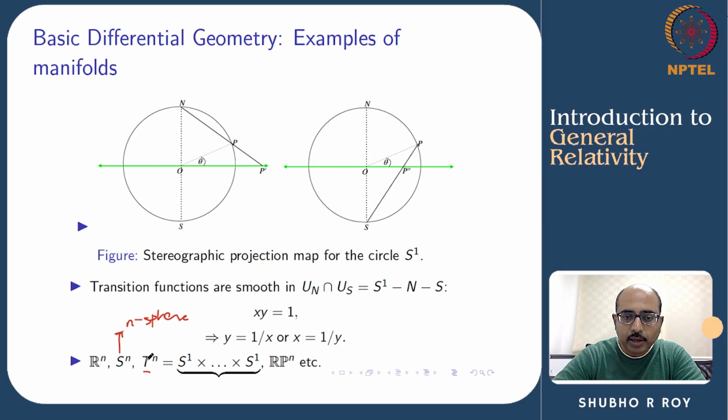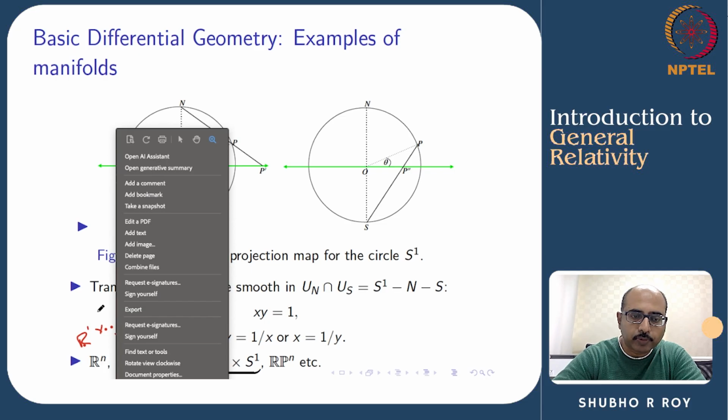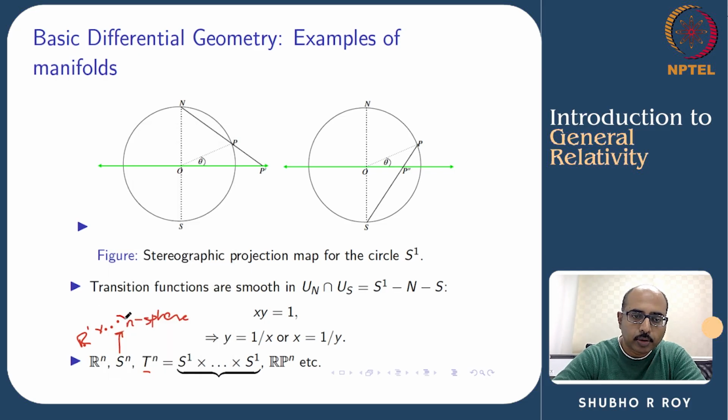So you can liken this to Rn, where Rn can be written as the Cartesian product of n copies of R1. Similarly, the n torus can be thought of as n copies of the S1.